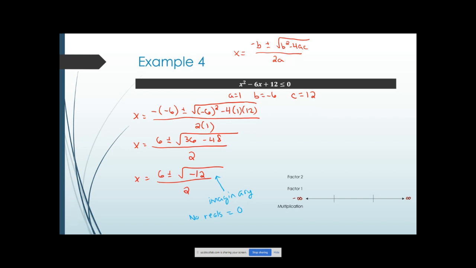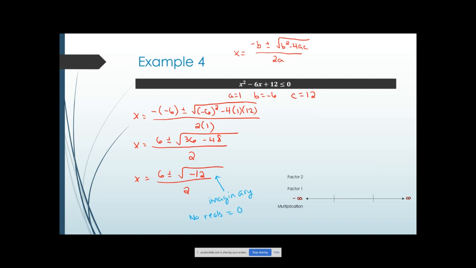It's either all going to be positive, or all of it is going to be negative, because they're imaginary. There are no real numbers that I can use for cutoff points. So our only possible answers are going to be all real numbers or no solution, because we don't have any parts where it's going to be changing from positive to negative.